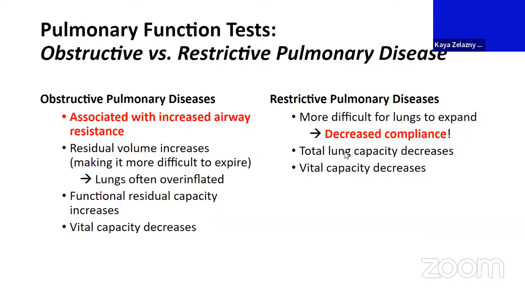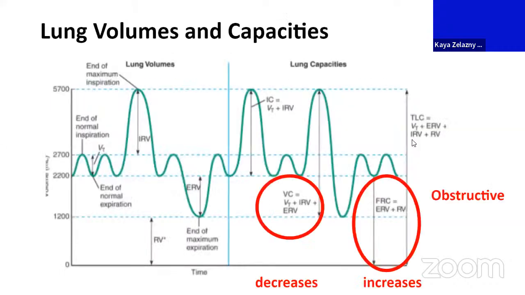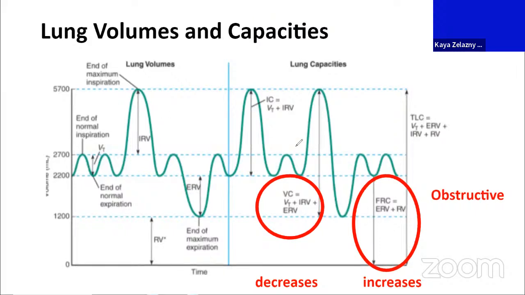So I'm going to pull up our picture of the volumes and capacities just to peek in and think about why that is. Okay, so this is just that same picture from back in the previous slides, right? So we're saying our obstructive diseases, the ones that are associated with increases in resistance, are going to result in an increase in this functional residual capacity and a decrease in our vital capacity, right?